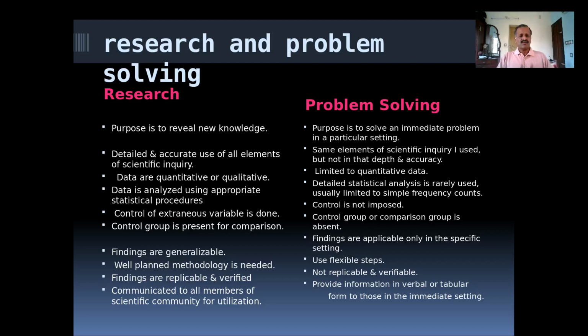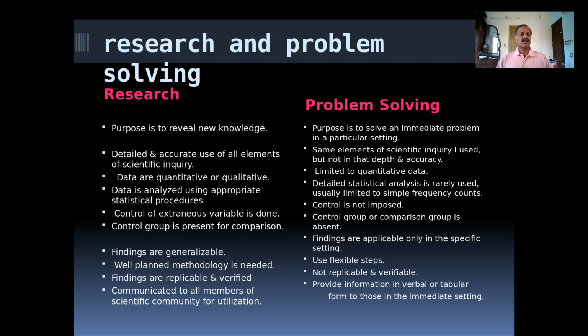If we are conducting research using scientific methods, and the same study is conducted anywhere else, you will get similar findings. That is the replicability, and you can verify this finding also. Whereas replicability and verifiability are not present in problem solving.